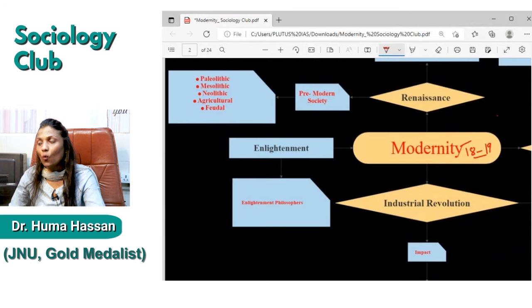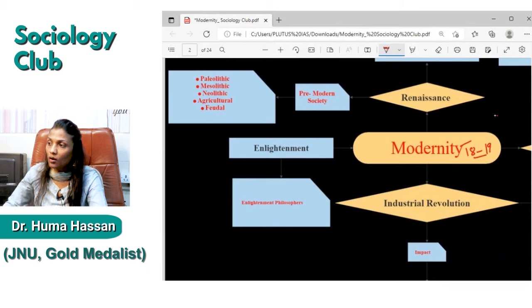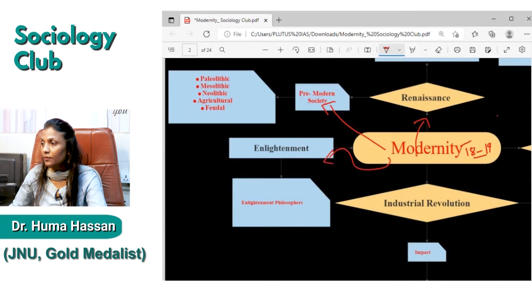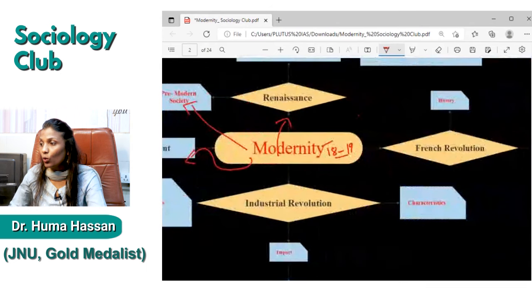Before modernity, what had happened? What were the factors which led society to change so rapidly? If we have to understand modernity, we must go to pre-modern society. We must know the Renaissance, the Enlightenment phase, the French Revolution, and also the Industrial Revolution.